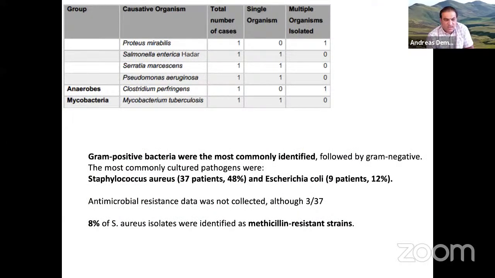Very few anaerobes or mycobacterial. So gram positive, definitely the most commonly identified. Staph aureus, about half of the cases. E. coli, an eighth or so of the cases. We did not collect antimicrobial resistance data, but we did find MRSA strains in 8% of cases.